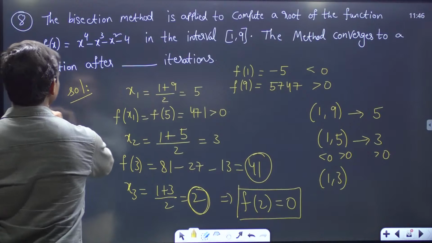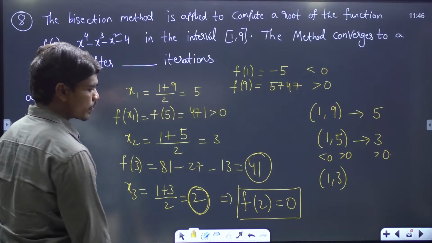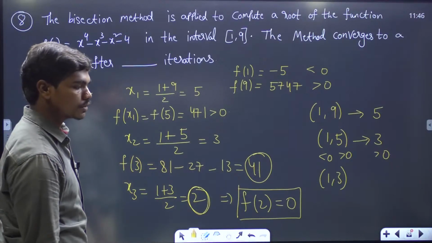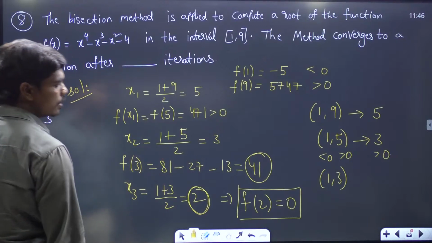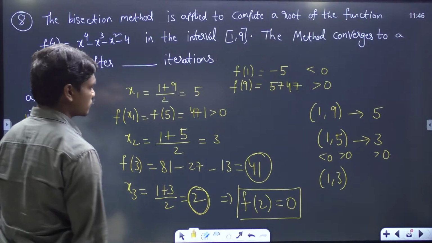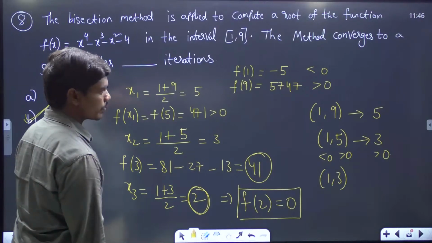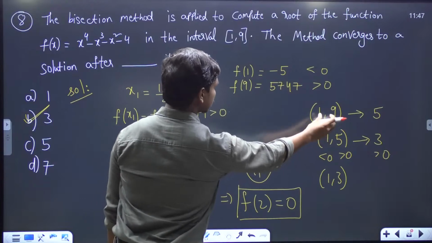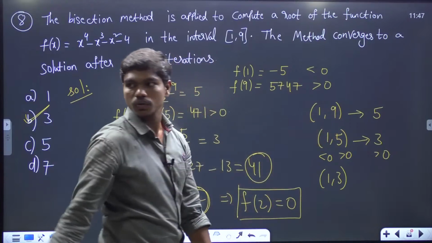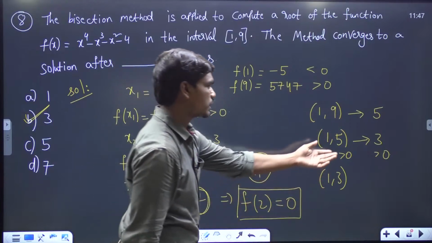So we need a total of 3 iterations to find the actual root. Simple question, just the bisection method applied for 3 iterations. I told you, depending upon the signs, you need to check whether the next interval is 1 to 5 or 5 to 9. So I have simply checked it based on the signs.